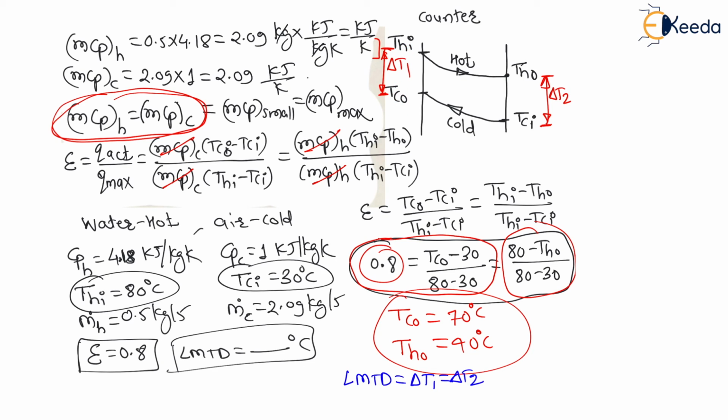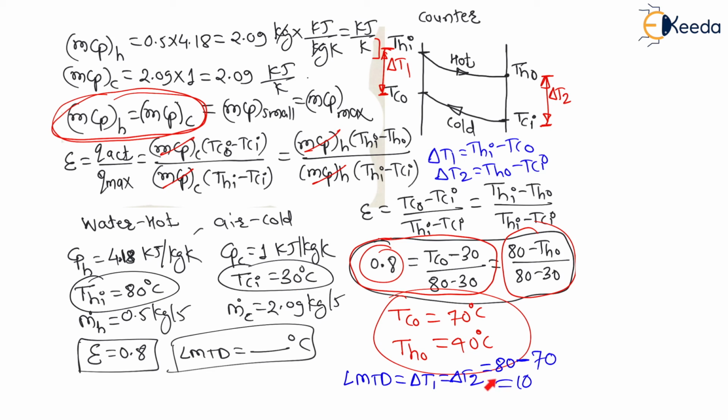Now, THI is 80. Delta T1 is THI minus TCO, and TCO is 70, which is nothing but 10 degrees Celsius. Again, delta T2 is THO minus TCI, where THO is 40 and TCI is 30, therefore 40 minus 30, again 10.